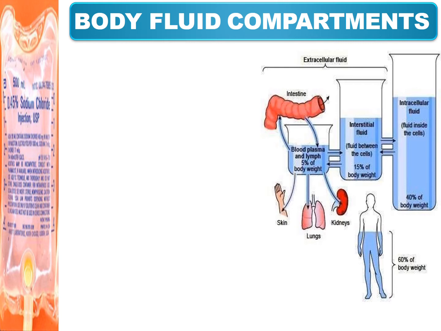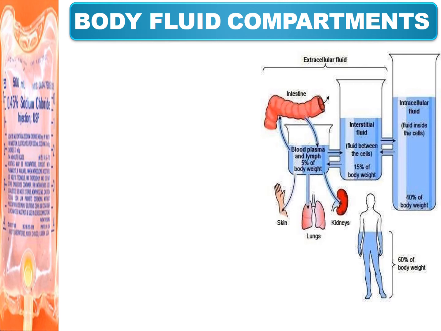In equilibrium with this compartment, the second compartment is the interstitial fluid, that is the fluid between the cells, which is 15% of the total body weight. The third compartment is the intracellular fluid, that is the fluid inside the cell, which is 40% of the body weight.